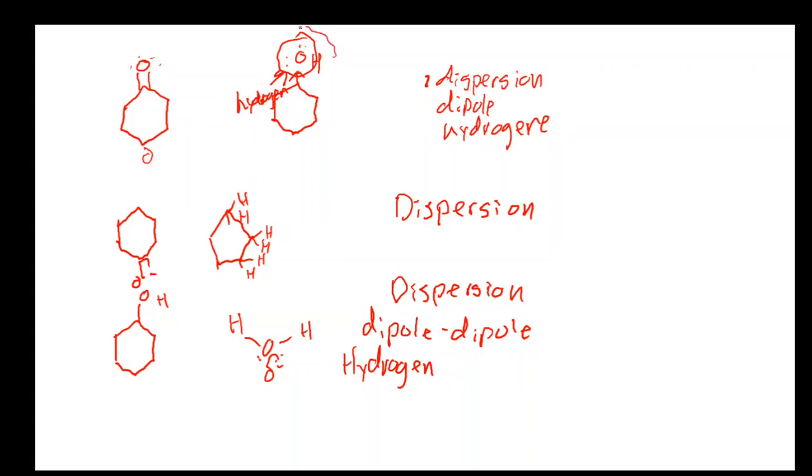So yes, this hydrogen is going to be attracted to these lone pairs here. That's right. So that hydrogen bond is actually the hydrogen and one of those lone pairs in another molecule. That's why the alcohol can be a hydrogen donor and acceptor, but the ketone can only be the hydrogen bond acceptor.